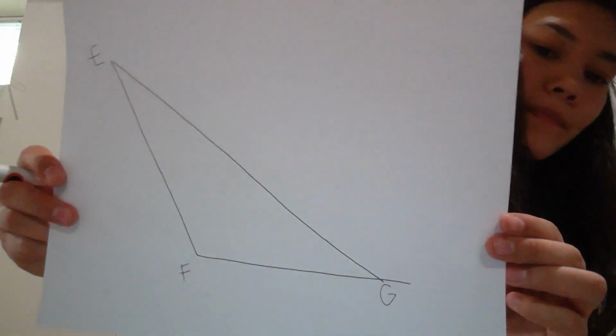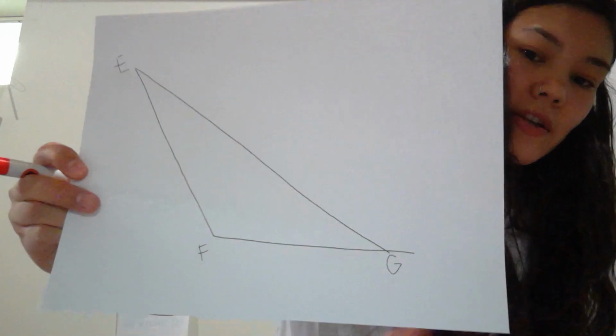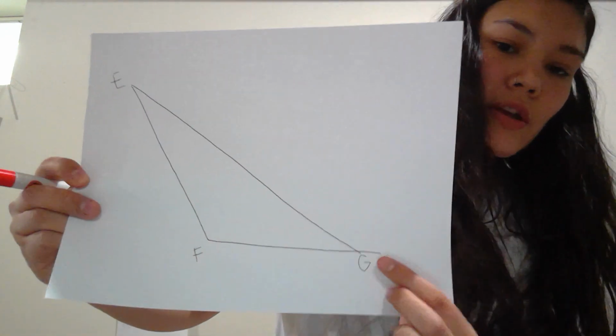Okay, so I'm going to show you 3 different triangles, and you're going to name the triangle, and you're going to tell me what type of triangle that it is. So this triangle is an obtuse triangle because we see there's 1 obtuse angle and 2 acute angles.